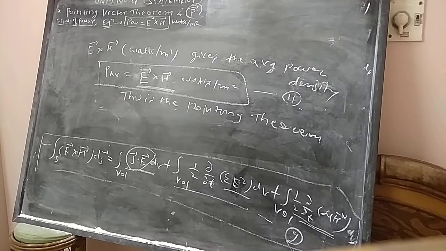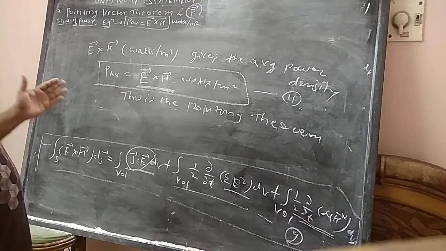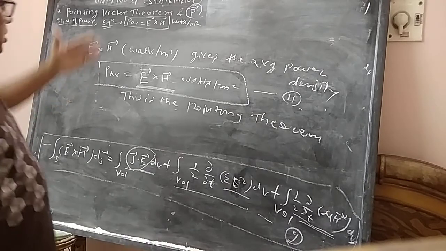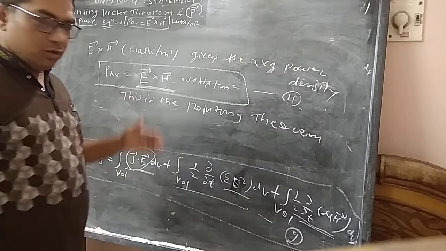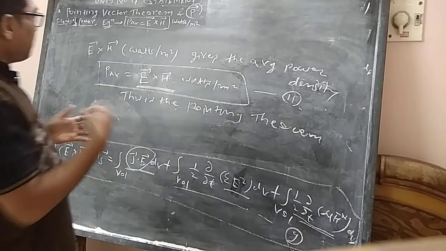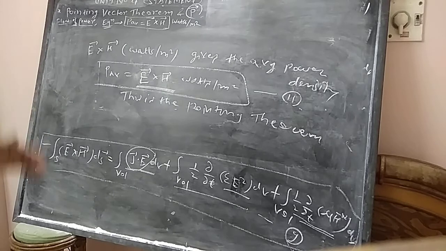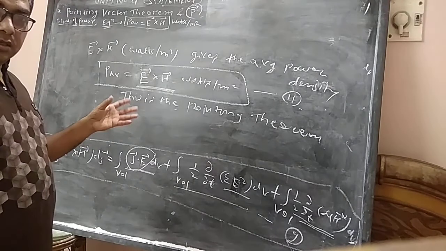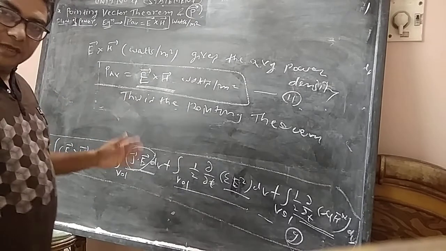So I am concluding unit number 4 here. In unit number 4, what have we completed? We have taken the different derivations and gathered all the formulas in part 1. Then in part 2 and part 3, we have taken some examples.